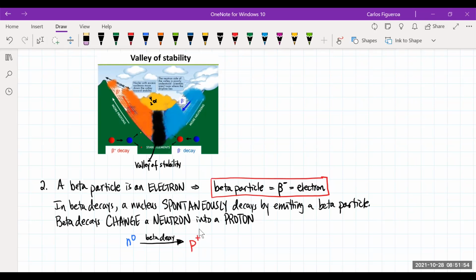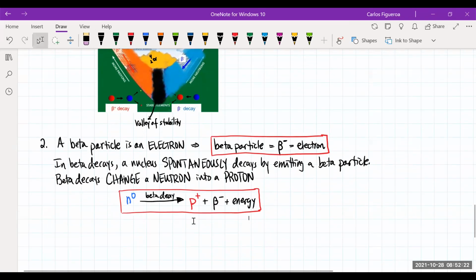It's like just magic. And now it emits the beta particle plus energy. And that energy is what we talked about before, the emission of neutrinos. This is what a beta decay is right there.